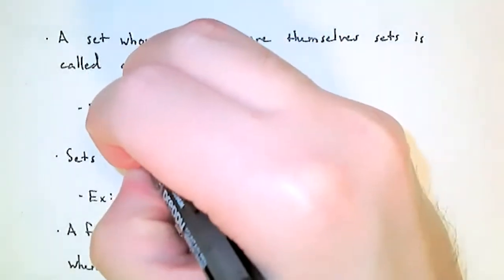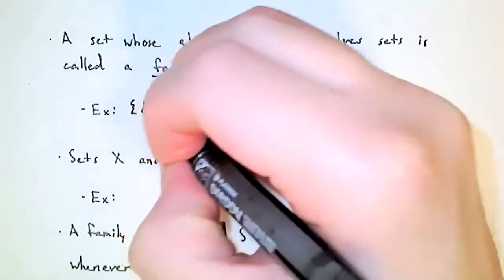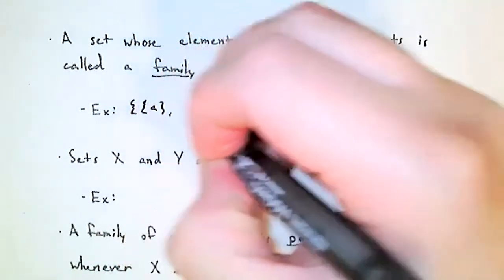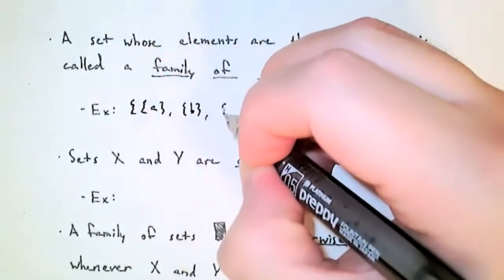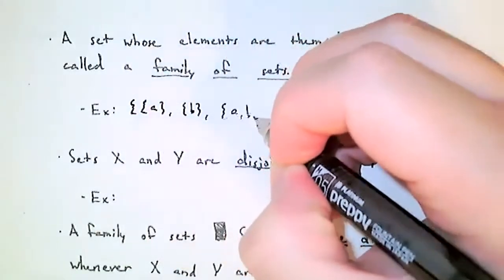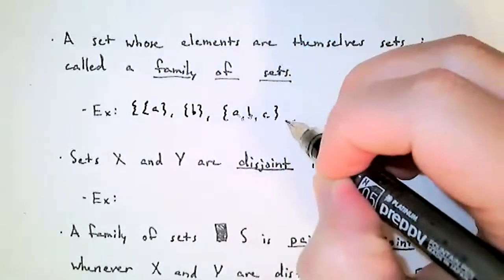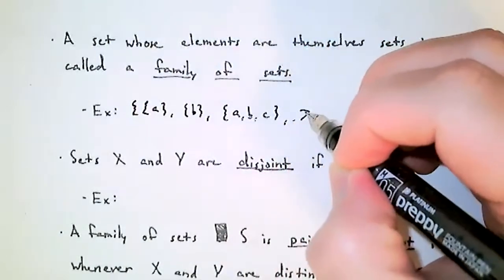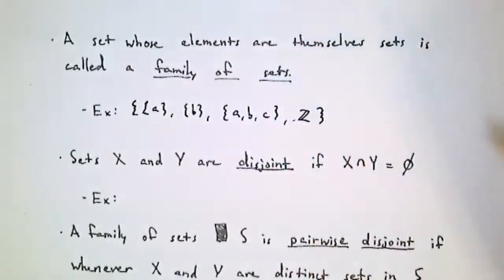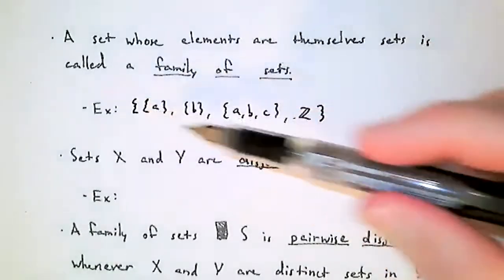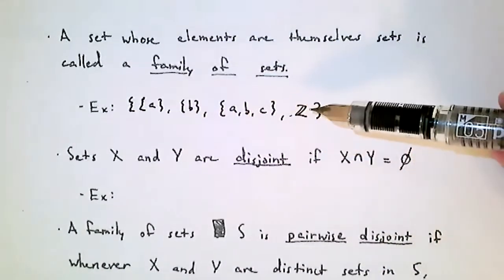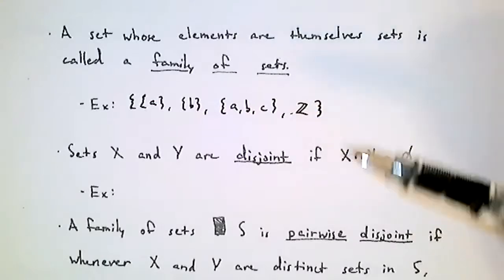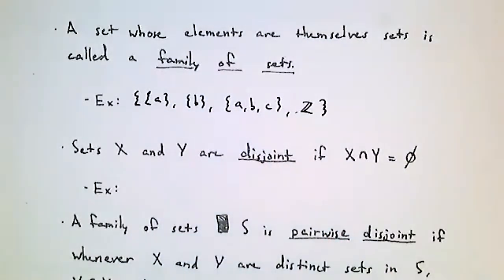You can think of anything as an example, like this one. This is a set, and all of the things inside of it are sets. So this is called a family.